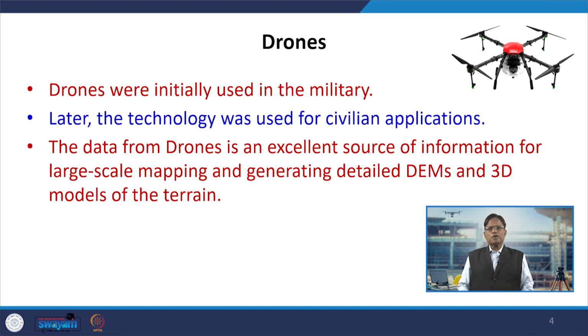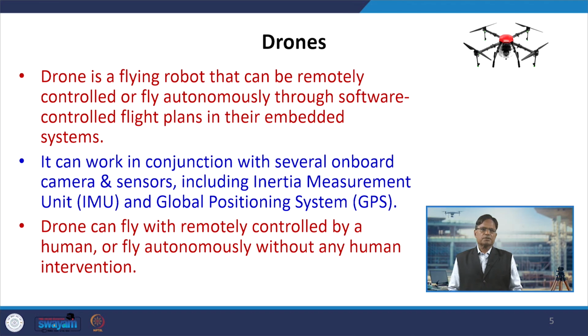Data from the drone is an excellent source of information for large scale mapping, because in many countries including India, the large scale maps required for planning infrastructure are not available. So, we can create these large scale maps with the help of low flying drone systems, and in addition we can create a very detailed digital elevation model, a three-dimensional model of the terrain. So, we can view the terrain in third dimension on our computer without physically going to the site.